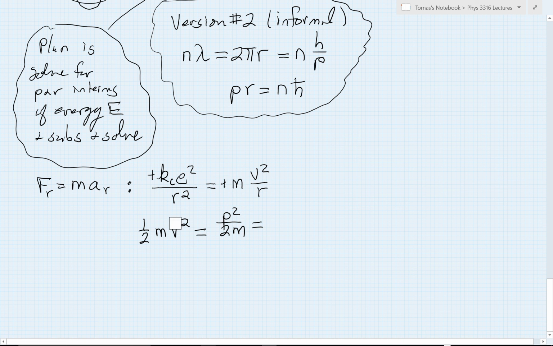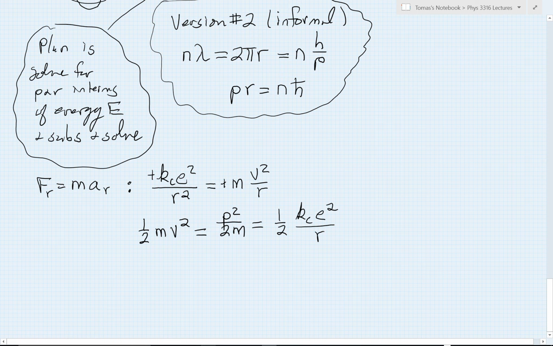That's how I generate 1/2 mv squared. So that will give me 1/2 Coulomb's constant times the square of the electron charge. And remember, I have to multiply this by r to get to mv squared. And when I multiply my left-hand side by r, I'm left just with a single value of 1/r.